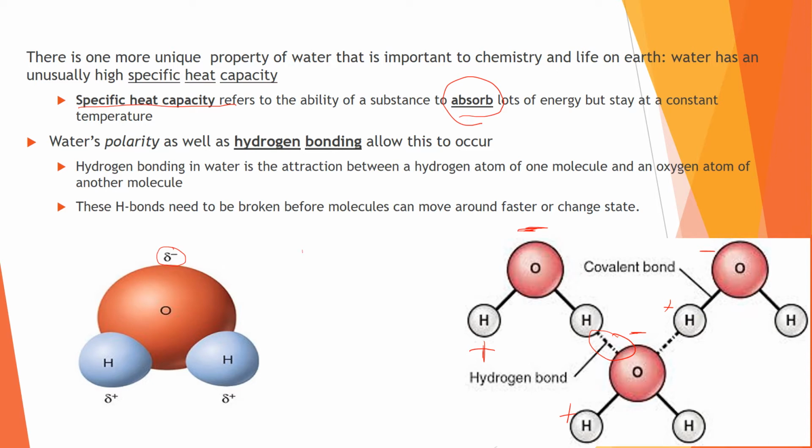So water has what's known as a high specific heat capacity. It's some of the highest around on planet Earth, which means that you can put a lot of energy into water without having the water molecules separate and change state or change temperature. And that has to do with the hydrogen bonds between water molecules.